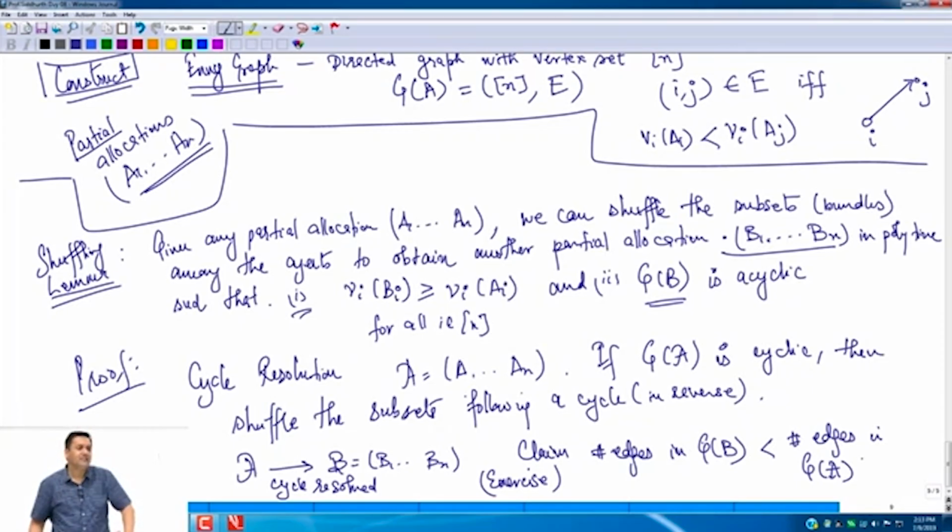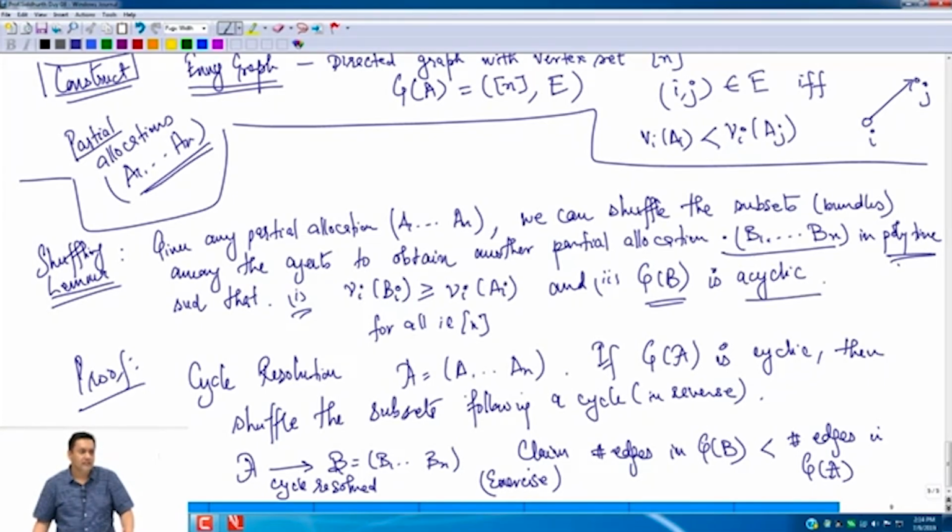So what this tells me is that I cannot keep doing it over an infinite number of iterations. Every time I do this, the number of edges drops. The number of edges can be at most order n squared to begin with. It's a directed graph with n vertices. So after a polynomial number of steps, in polynomial time, you would reach a partial allocation where there is no cycle to be resolved, i.e. the graph is acyclic.